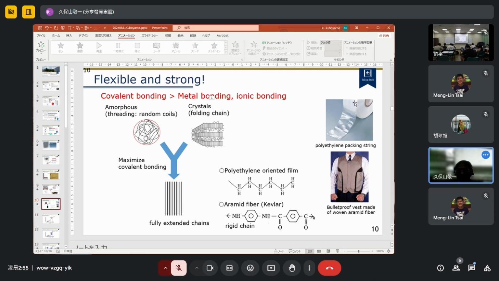So this direction is very strong, but this direction becomes very weak.